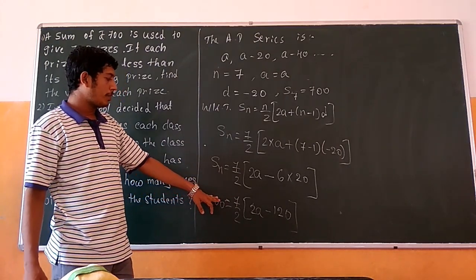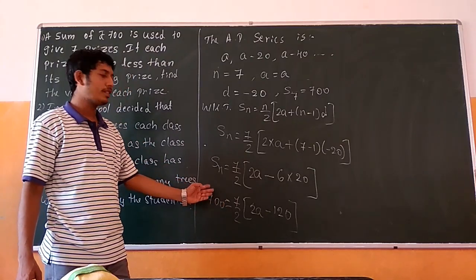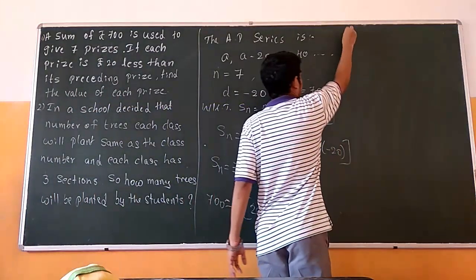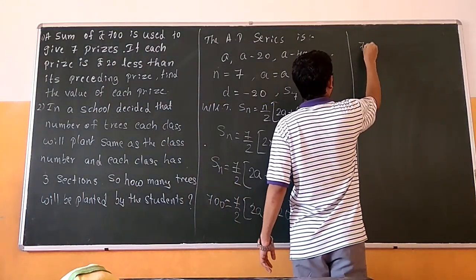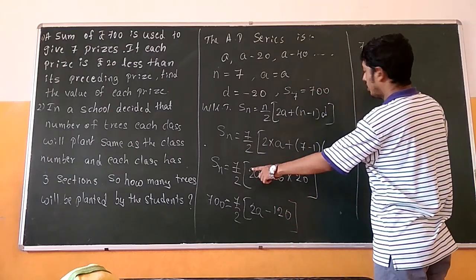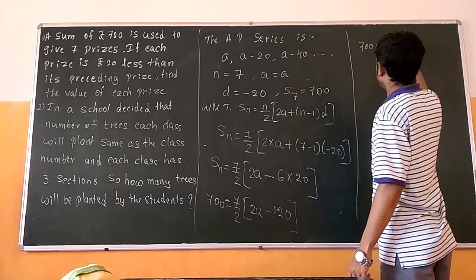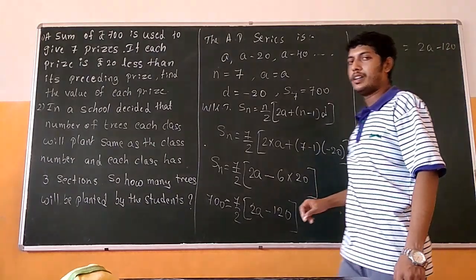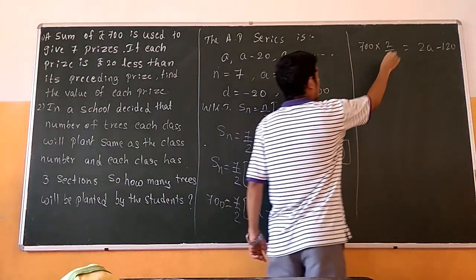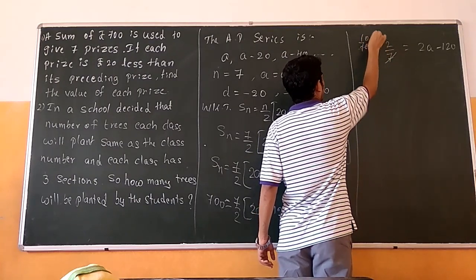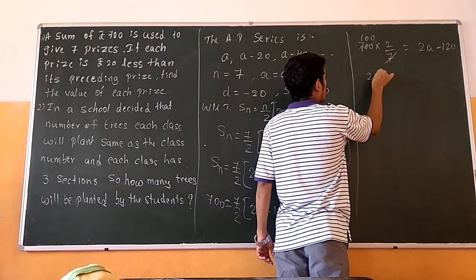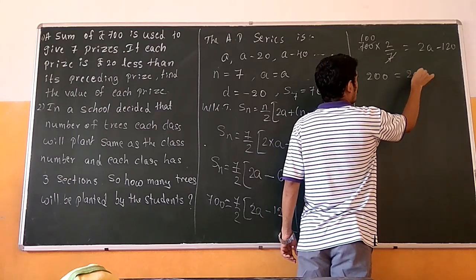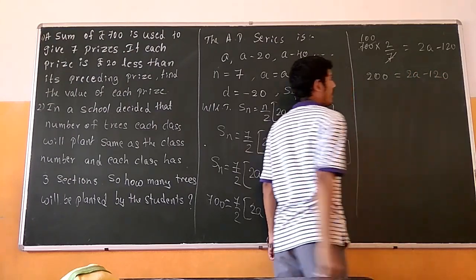So when we cross multiply this, 7 by 2 becomes 2 by 7. 700 into 2 by 7, that is equal to 2A minus 120. 7 ones are 7, 100 twos are 200, equals 2A minus 120.